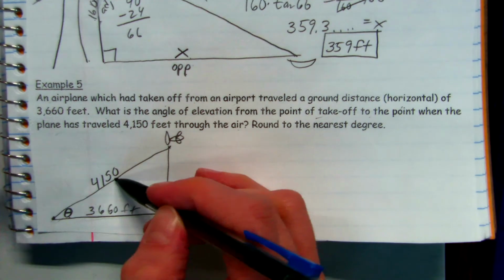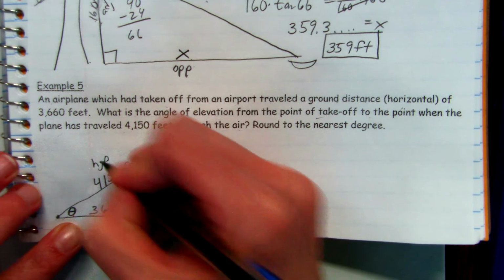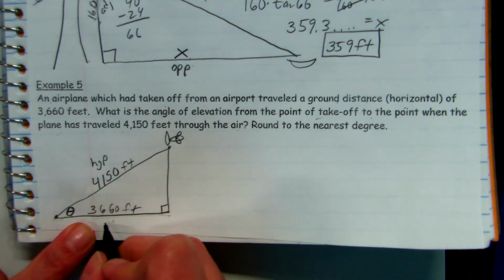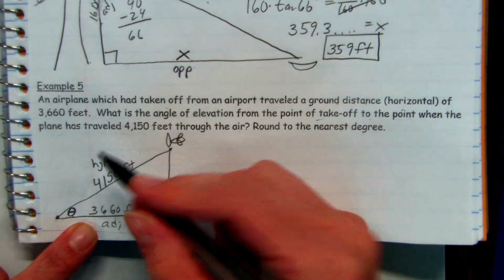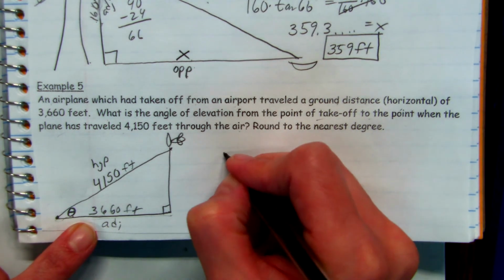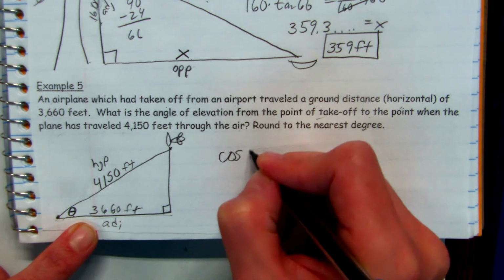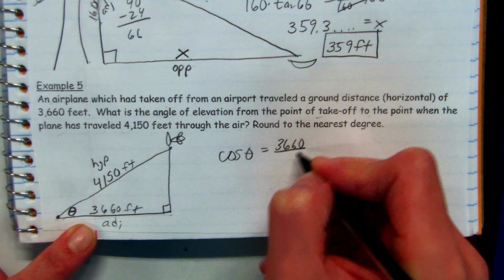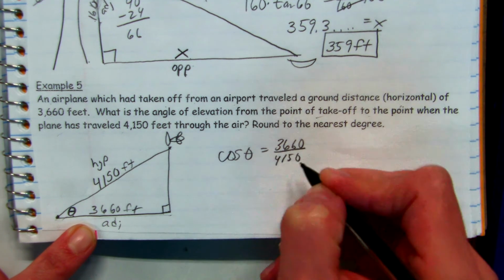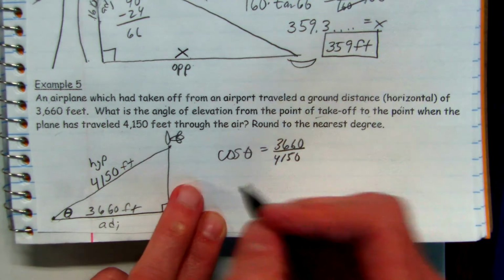Okay, so if we label the sides. What side is the 4,150? That's the hypotenuse. And what's this side down here? Adjacent. Adjacent, very good. And so if we have adjacent and hypotenuse, we're going to use which one? Cosine. So I have cosine of theta is 3,660 over 4,150. And we can reduce that if we want to, but our calculators will take care of this for us.